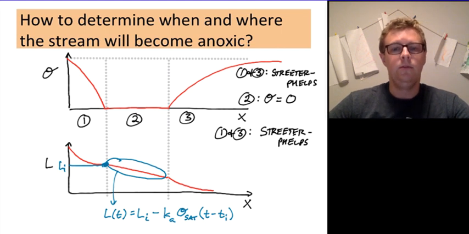That's equal to Li, so the BOD at that transition from 1 to 2, so the BOD when the linear piece starts, minus Ka times that saturated level, times how far you've moved to the right. And you'll notice that's basically in the form of y equals b minus mx. Right? So a linear equation.